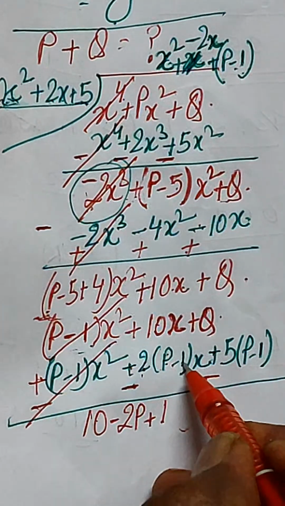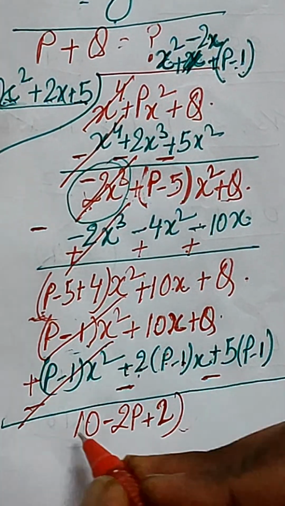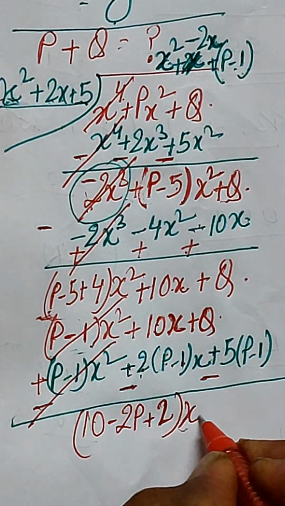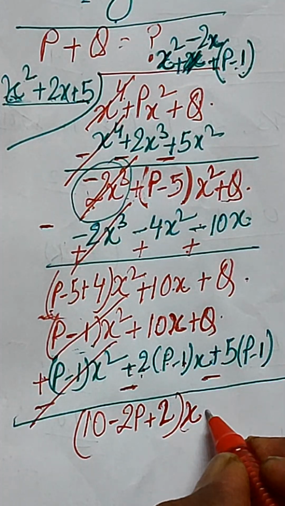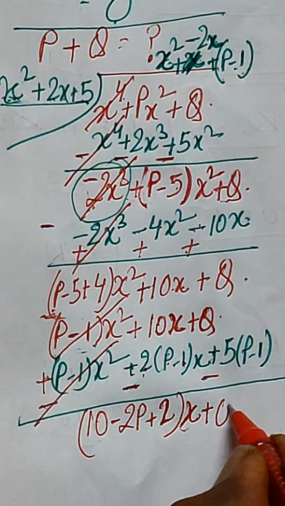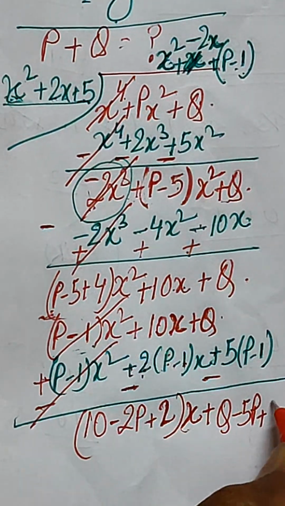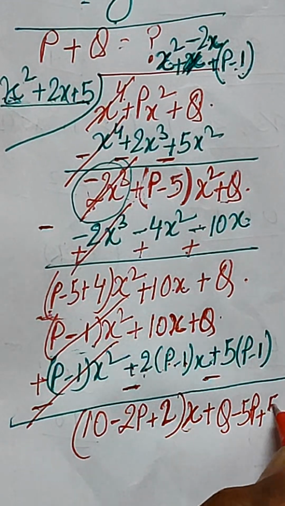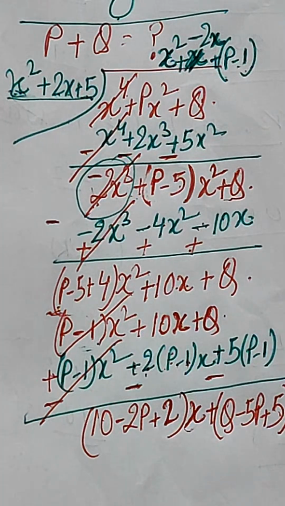This 2 will multiply with this one and this will be 2, right? And this times x, right? And the constant terms, that is q minus 5p plus 5, isn't it? q minus 5p plus 5.